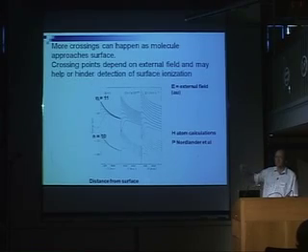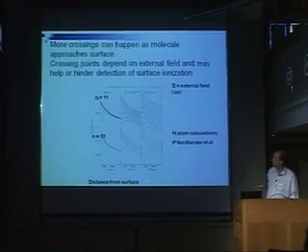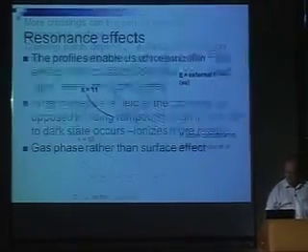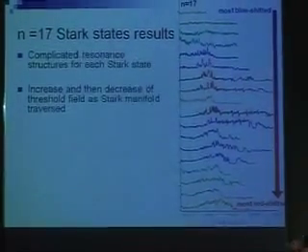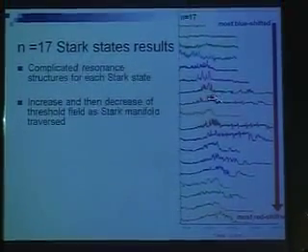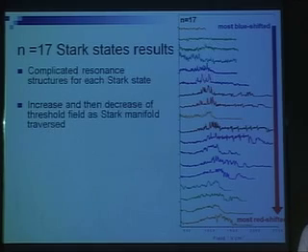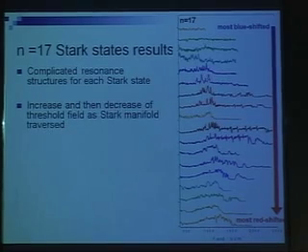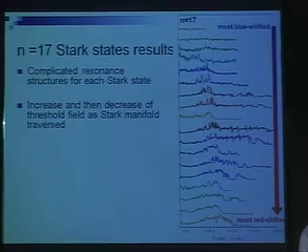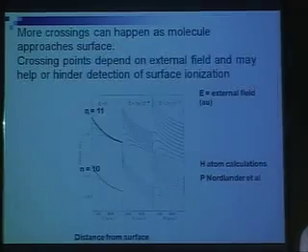And that does affect their probability of ionization. The relative intensities of these features appear to have some dependence on those final crossings as it reaches the surface. So this is principally a gas phase process going on at these level crossings, but there are some additional effects which happen as the molecule comes close to the surface.